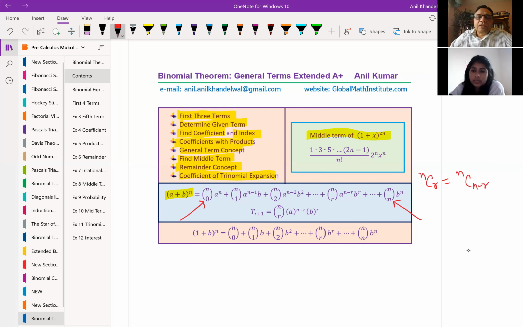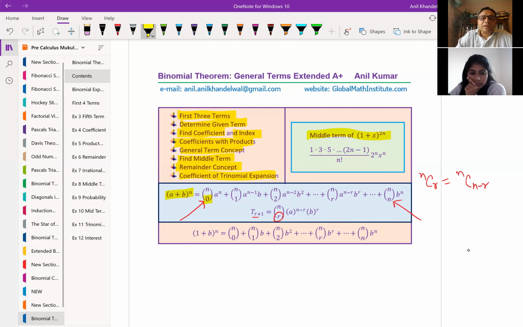They're symmetric. General term, T(r+1). We write specifically r plus 1 because we want to correlate all our examples with n choose r, right? As you can see here, the very first term has 0 as r value, right? But it is the first term, right? So 0 plus 1 gives me the first term there, and r value will be 0. That is how we have correlated it.